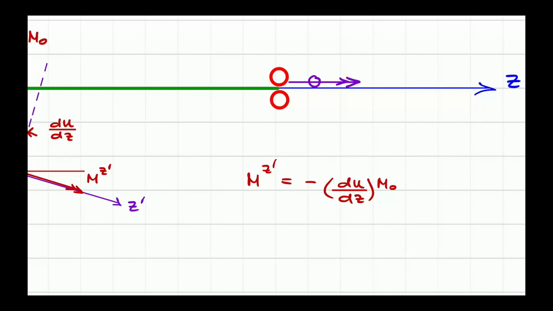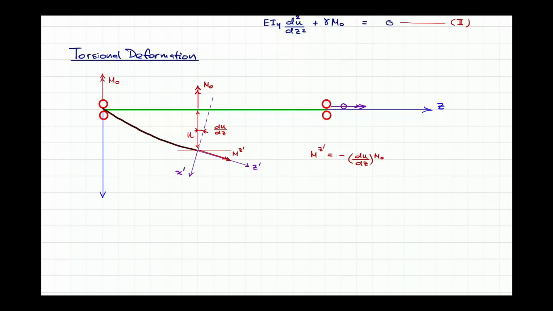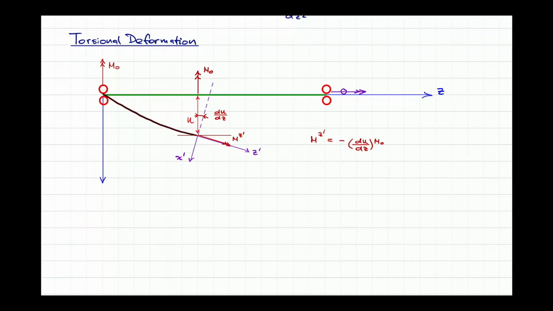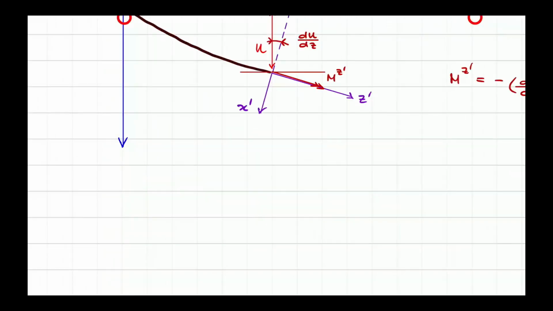Now, let's come back to the mechanics of material class you learned in your undergrad second year, right? The rotation, I think that time you learned theta equals TL over JG. Do you remember that? So the T stands for the torque. L stands for your length.